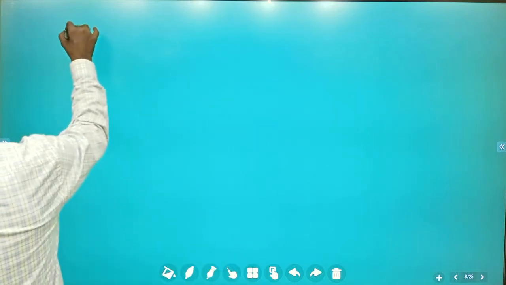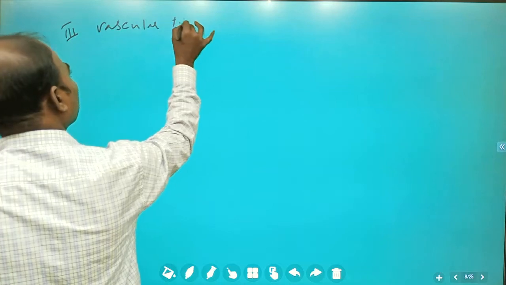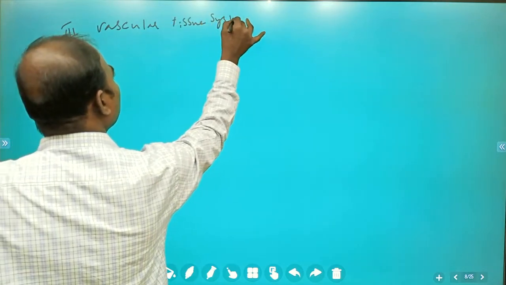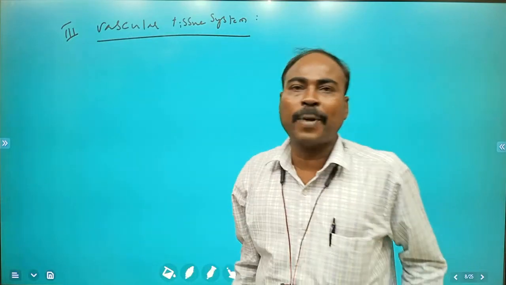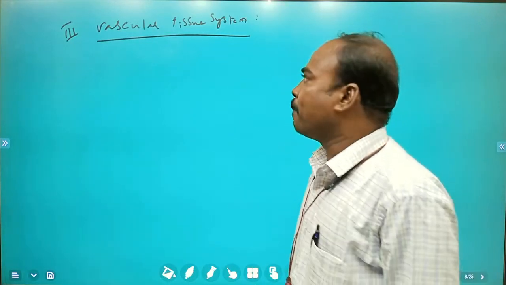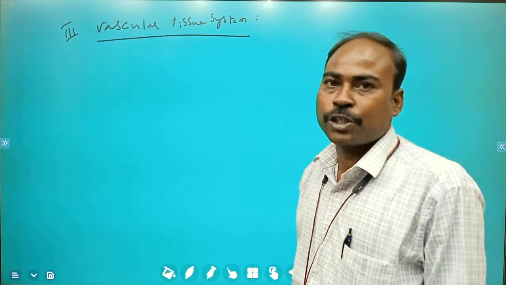Then thirdly, the vascular tissue system. This is the innermost area of the plant parts, root, stem as well as leaves, the middle, centralmost portions.